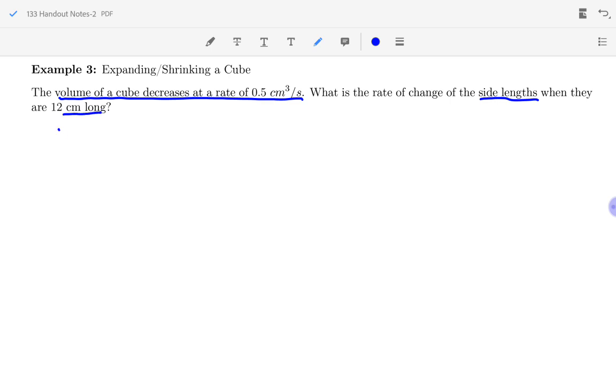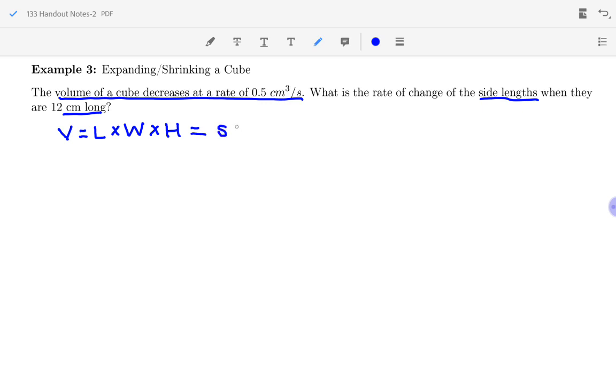Well, in general, volume is length times width times height. But we're talking about a cube. A cube indicates that we have all square sides, everything's the same: the length is the same as the width, is the same as the height. So instead of choosing L, W, or H, I'm just going to call it sides.